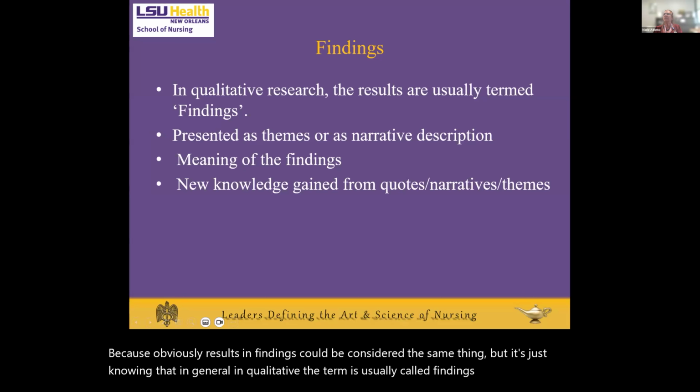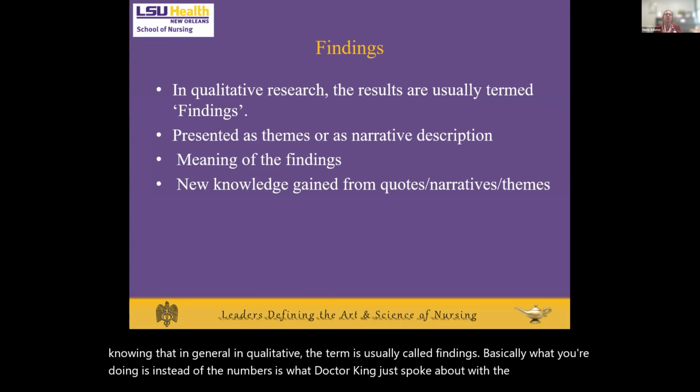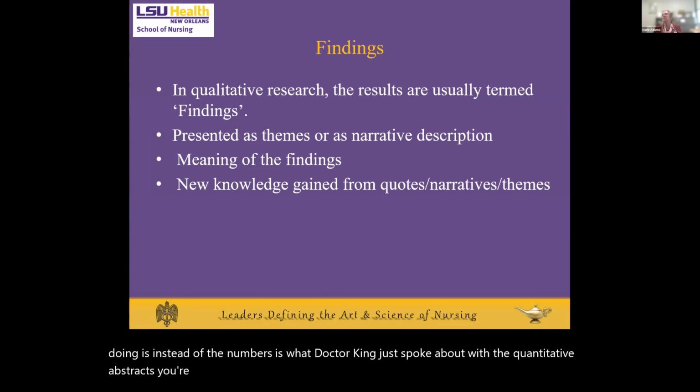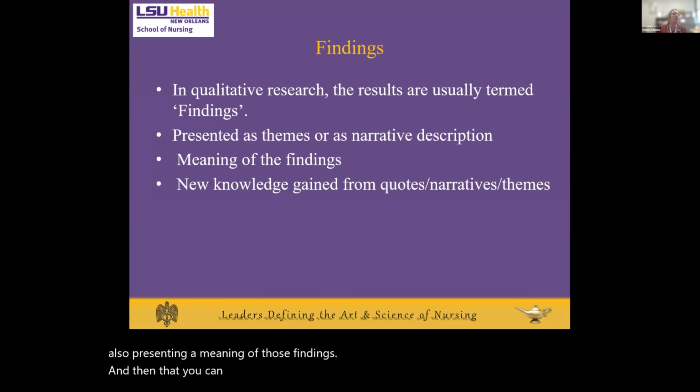Basically, what you're doing is, instead of the numbers that Dr. Kang just spoke about with the quantitative abstracts, you're presenting the themes or a narrative description as your findings. And you're also presenting a meaning of those findings. And then you can also have new knowledge that is gained from the quotes and the narratives and the themes.